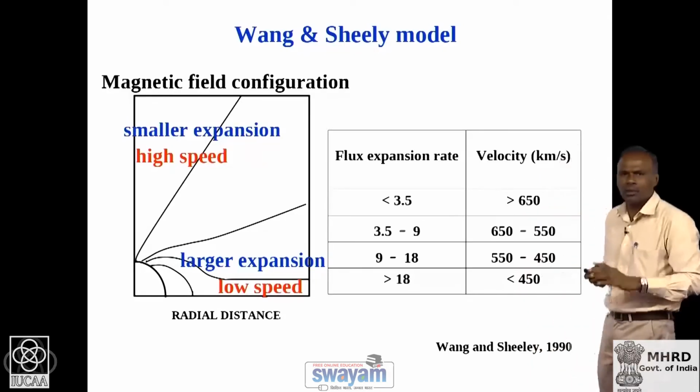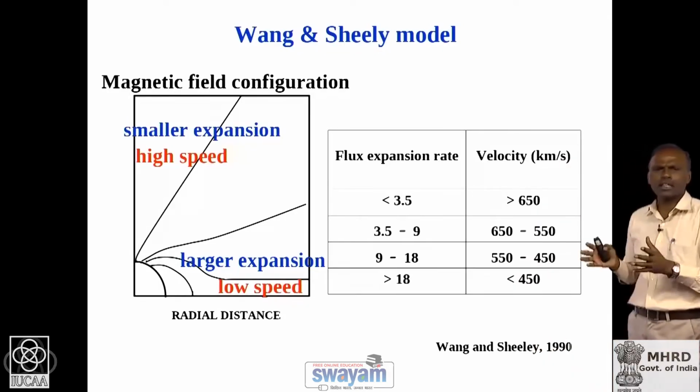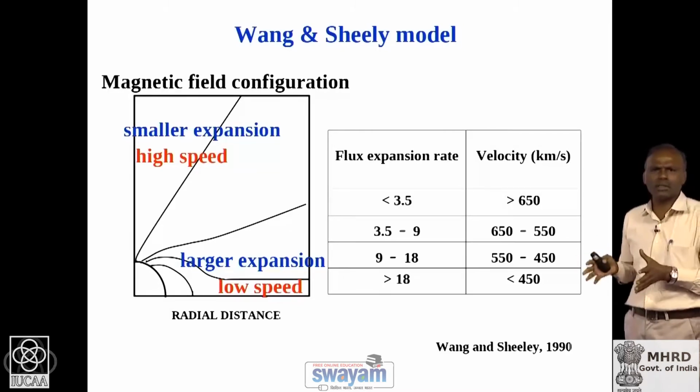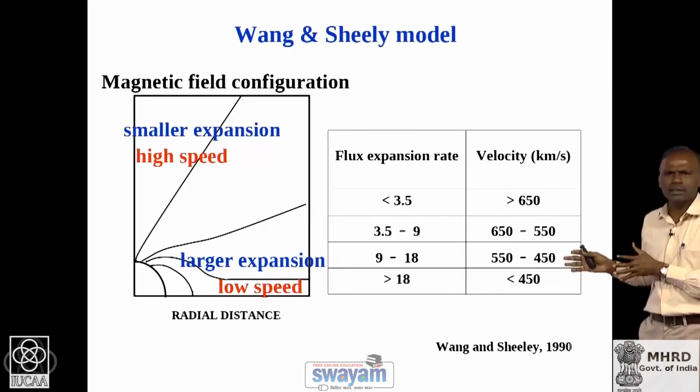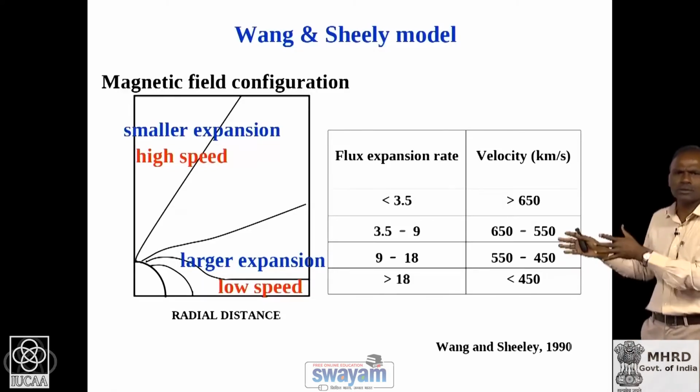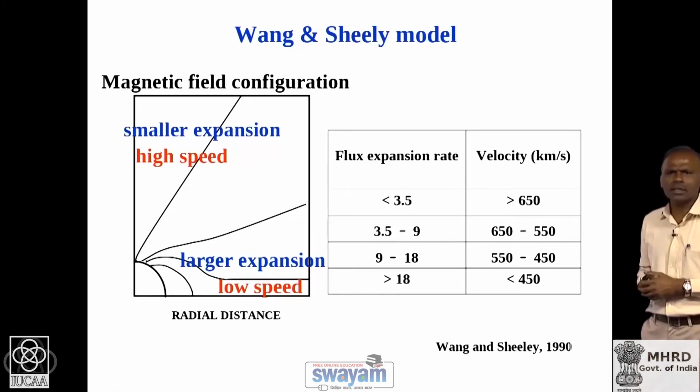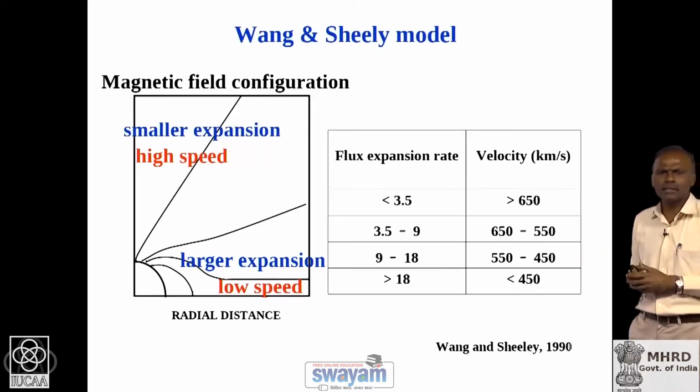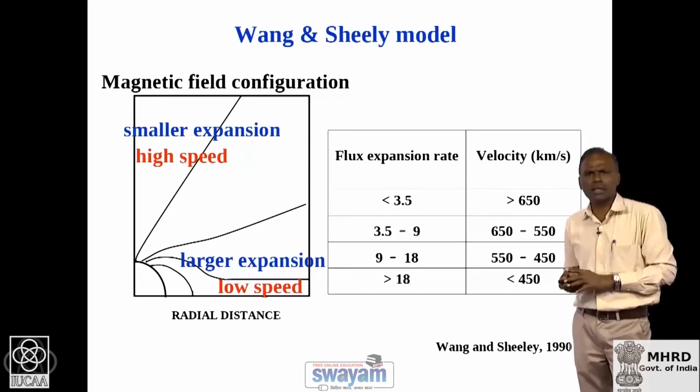For example, here an expansion factor less than about 3 gives a velocity greater than 650, and an expansion factor of something like 3 to 9 gives 650 to 550 kilometer per second, and an expansion factor greater than 18 gives less than 450 kilometer per second.